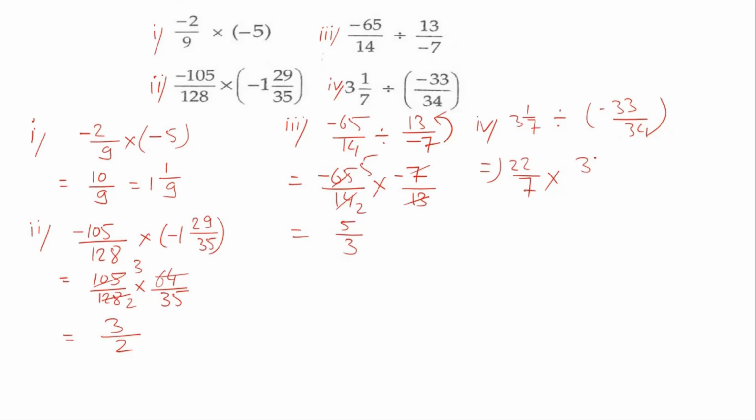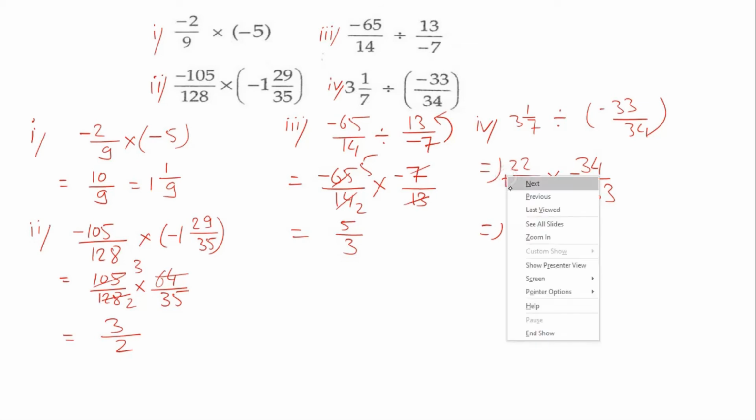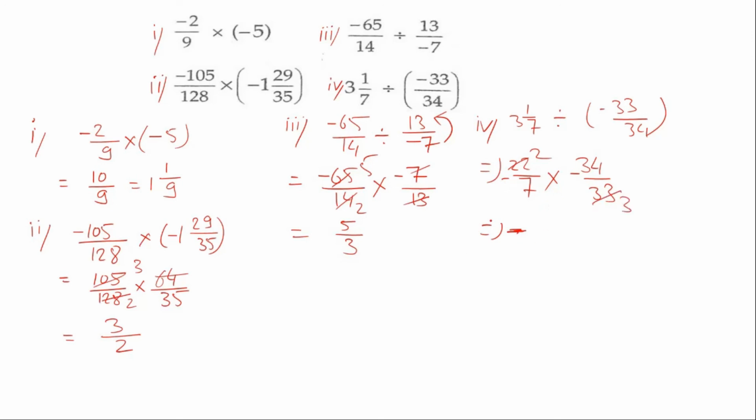So we can write 34 by minus 34 by 33. So plus minus minus, there is nothing written here, that means we have to consider it as positive. So it will be 2, 3. So 34 into 2 is 68 by 21.